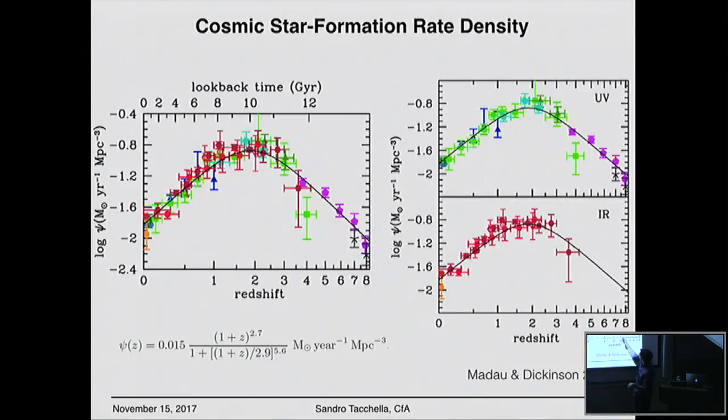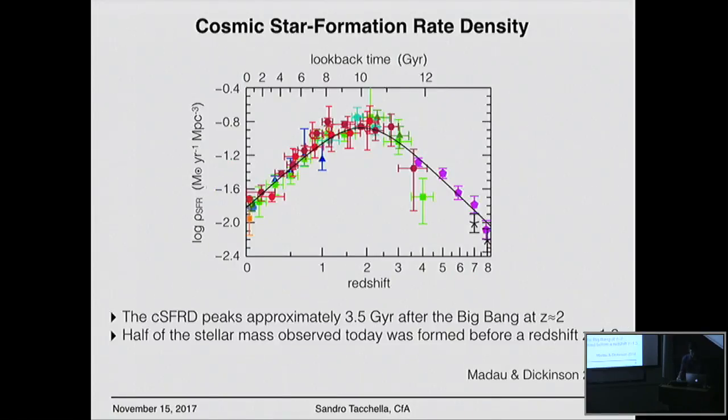When you look at the UV as well as the infrared measurements, the UV are probably the very high redshift regimes. There, all the dust corrections have been done with the UV continuum slope, to keep in mind. But we see that overall there is good agreement, and so we can really trust that there was a decline at early times, and then it increases and peaks at a redshift of about 2.